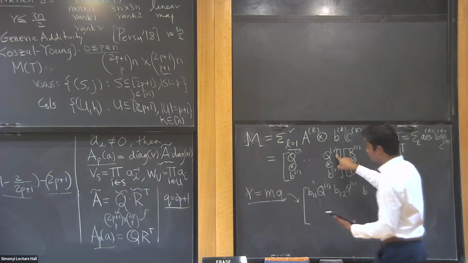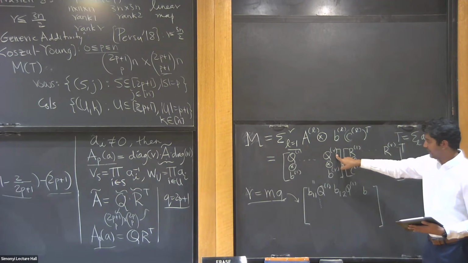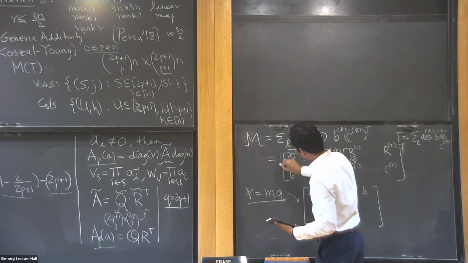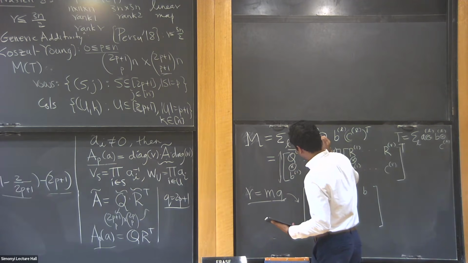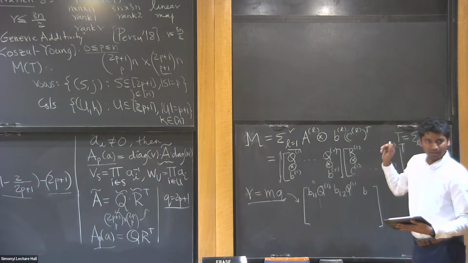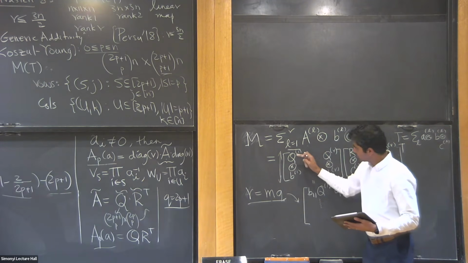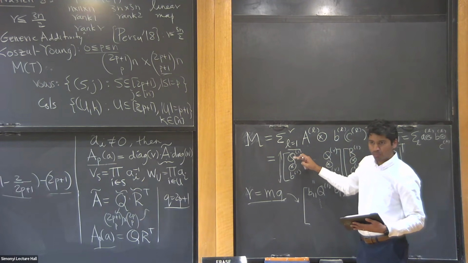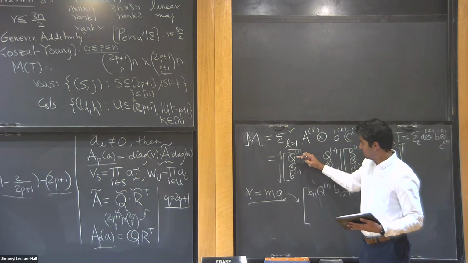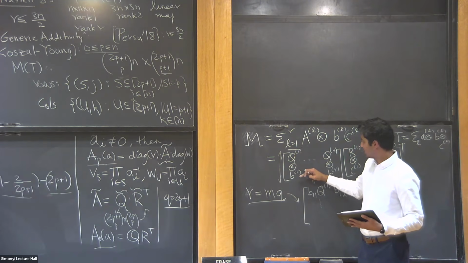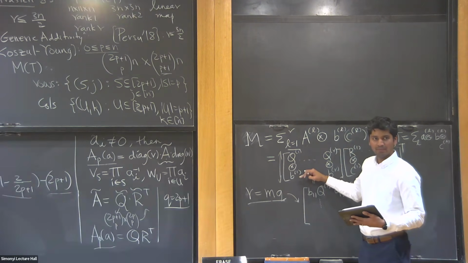So now what I'm going to do is, I have M times Q blocks here, right? And how many blocks do I have over here? So this dimension is 2p plus 1 choose p times n, right?